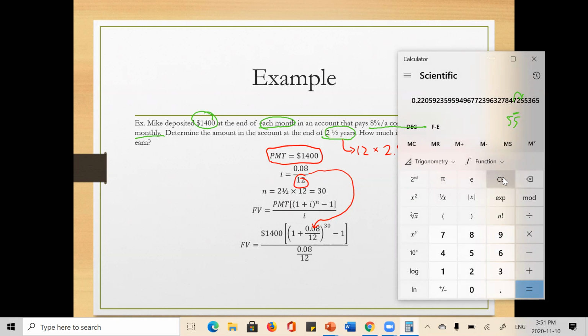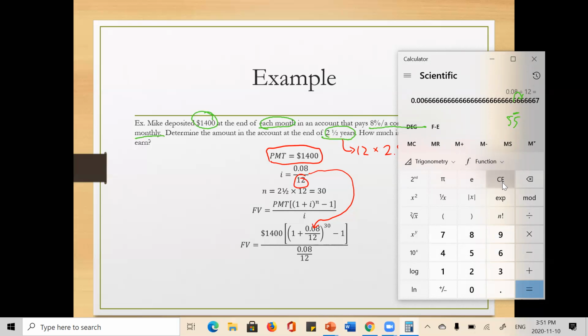So what I'm going to do is I'm now going to erase it. I'm going to start from the beginning, and I'm going to take that previous answer, and I'm going to divide it by 0.08 divided by 12. So I first have to figure out what 0.08 divided by 12 is. So that's 0.00666 and so on.